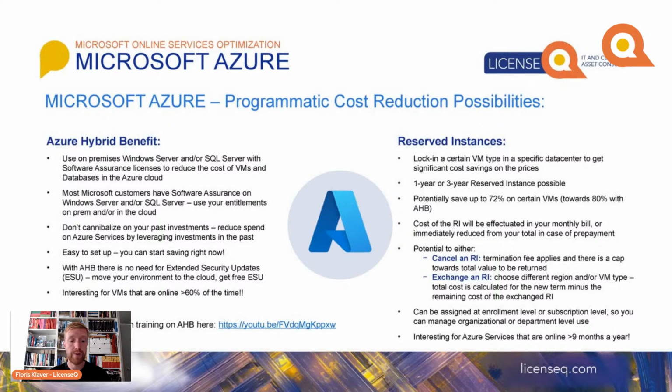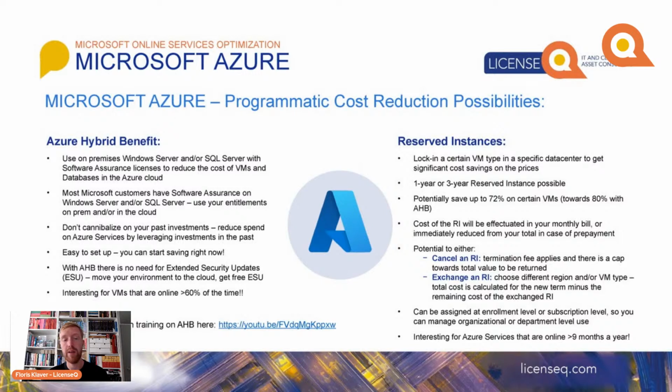It allows you to not pay for the Windows Server and or SQL Server cost of your Azure VM or database by leveraging these software assurance entitlements. Microsoft has created this just for Azure, so it's not allowed on AWS or Alibaba or Google Cloud or others.